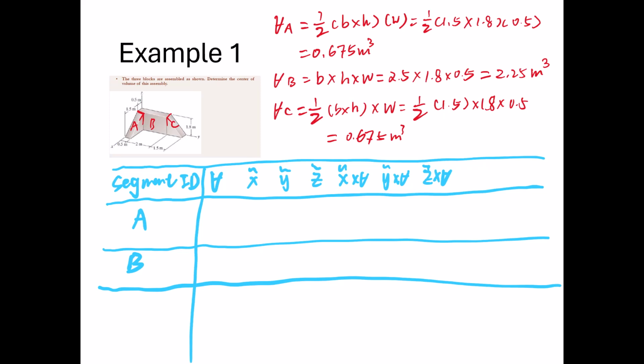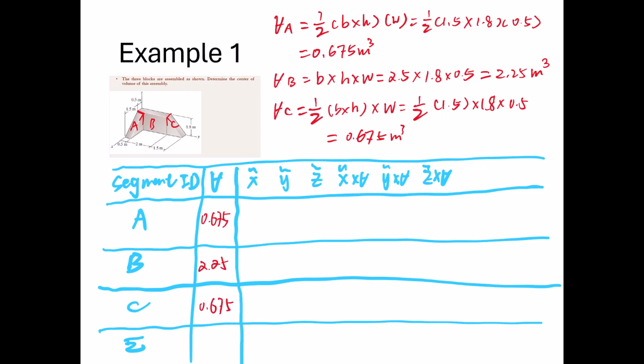So for the volume, just write down our answer. And X, Y, Z is the centroid of each one. The summation is 3.6.